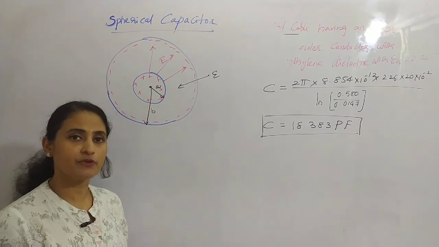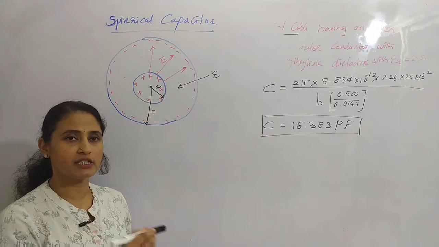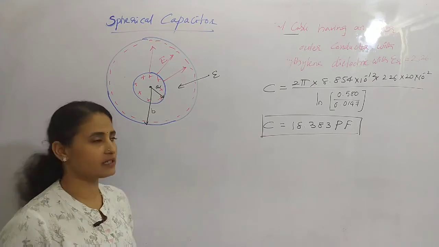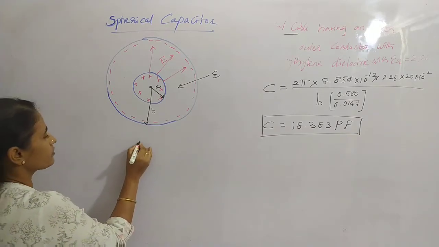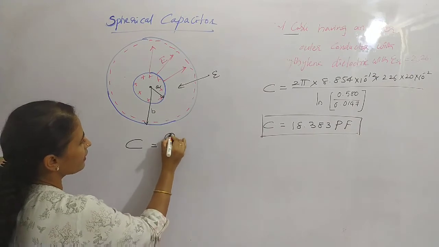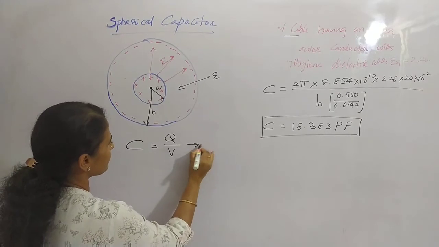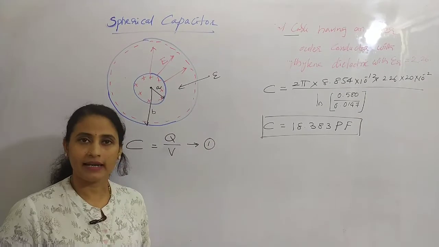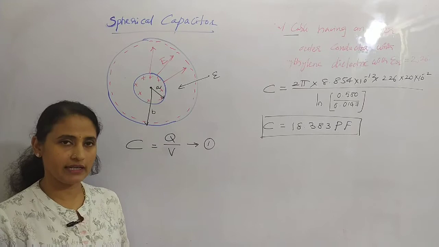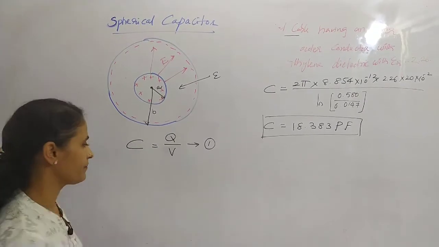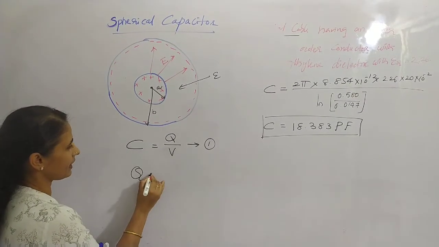Now we are supposed to find the capacitance between these two concentric spheres. So C is given by Q by V. This is equation 1. Let us obtain Q and V individually, then substitute in this one.